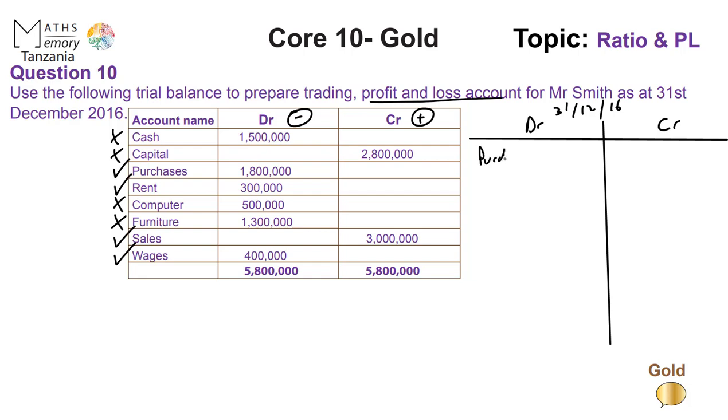So let's write this first of all. Purchases. In this context, we're going to say purchases and cost. This is called the cost of goods sold. It's the same thing over here: 1,800 Tanzanian shillings. The sales, by the way, would have been here at 3 million. This is 1.8 million, by the way.